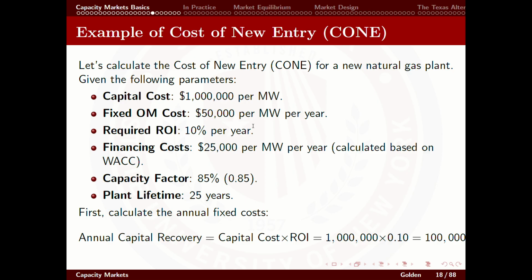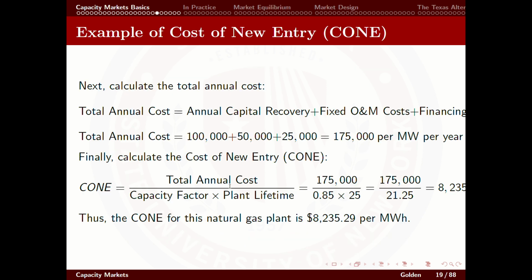Required return on investment is 10%. Financing cost, $20,000 per megawatt per year, calculated based on the weighted average cost of capital. Capacity factor is 85%, and the plant lifetime, 25 years. So we calculate the annual fixed cost. We have annual capital recovery, capital cost times ROI.